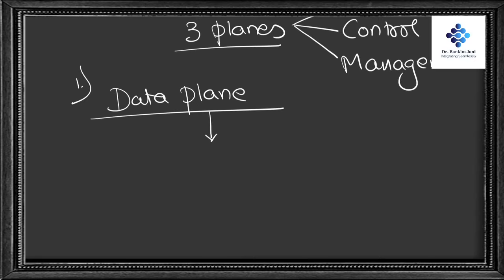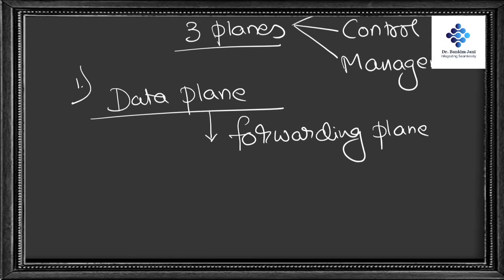For the data plane, all you need to understand is that it's also called the forwarding plane. So whatever you have learned till this point of time, this is one device, right? Data comes, then it is forwarded, and all the processes happening for this particular situation are what is called the data plane.